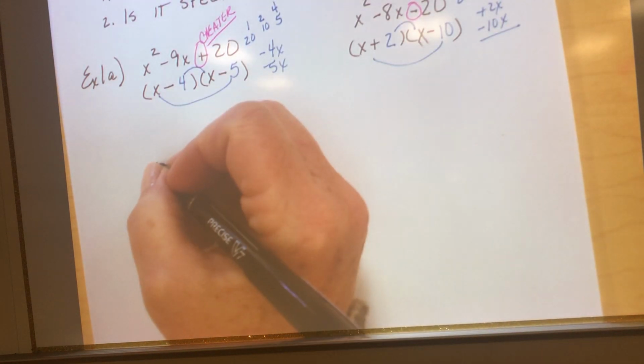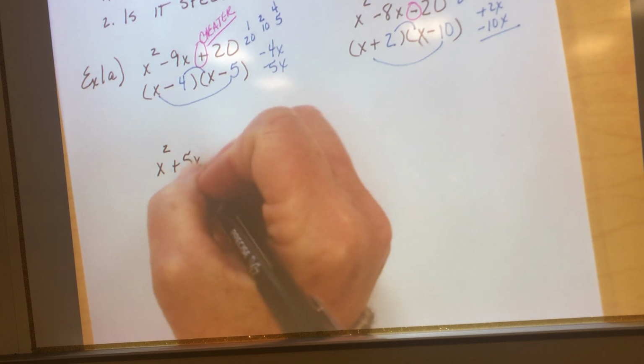All right, so here's another one. X squared plus 5x minus 6.